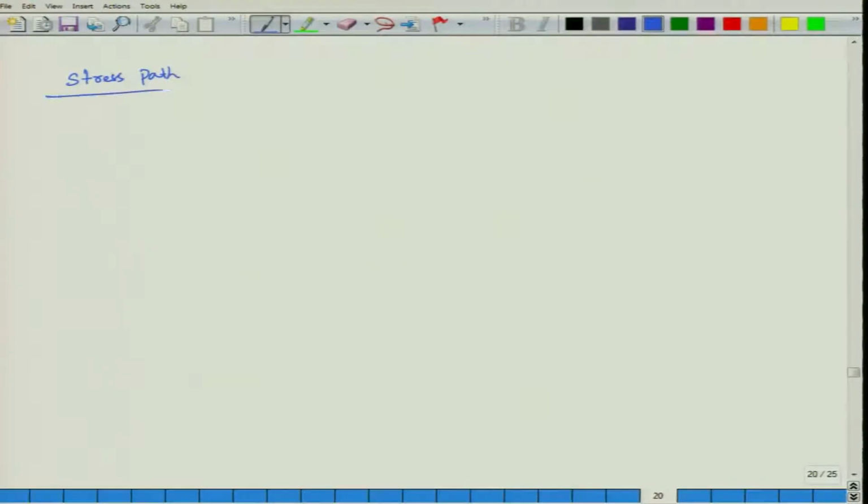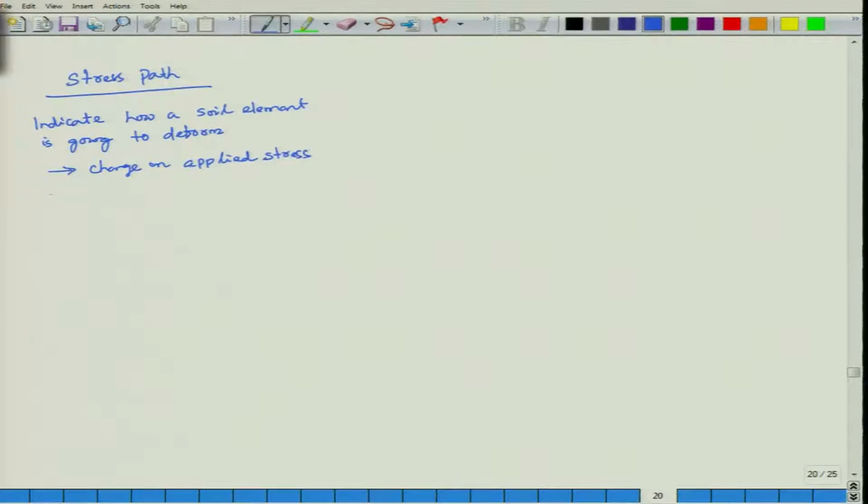Stress path indicates how a soil element is going to deform against change in applied stress, at what rate it is going to deform, and what relation they have to one another.